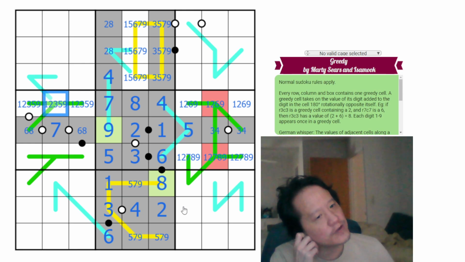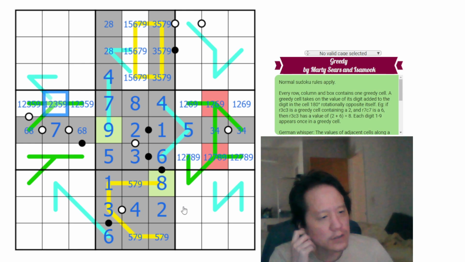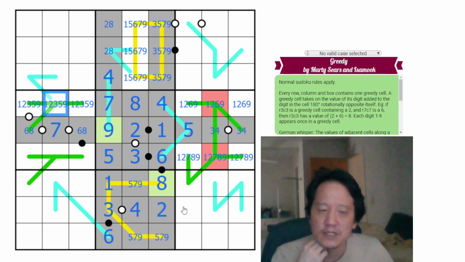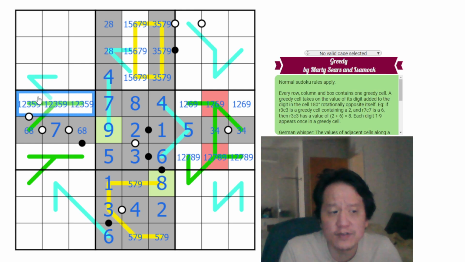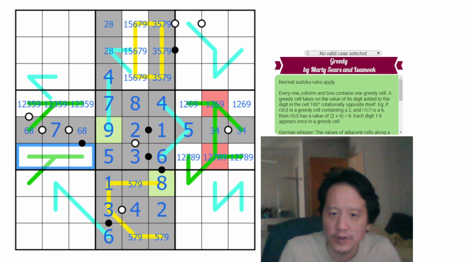So 5 either has to be the greedy digit, or it has to be next to a greedy digit, right? Because the 5 has to be here. So 5 is either the greedy digit or it's next to the greedy digit, because 5 cannot normally be on a German whisper line. Therefore, the greedy cell is here, and this cannot be greedy.